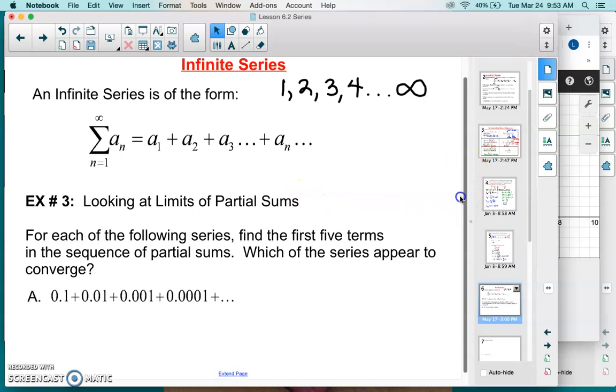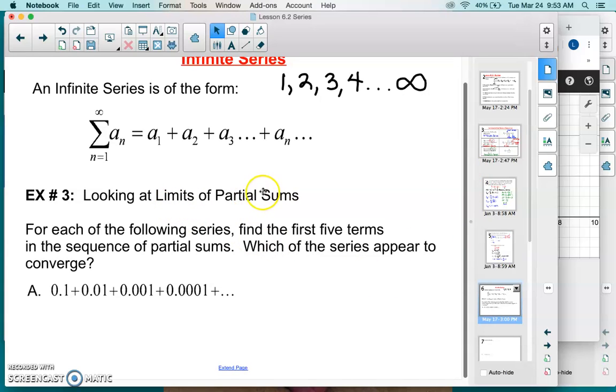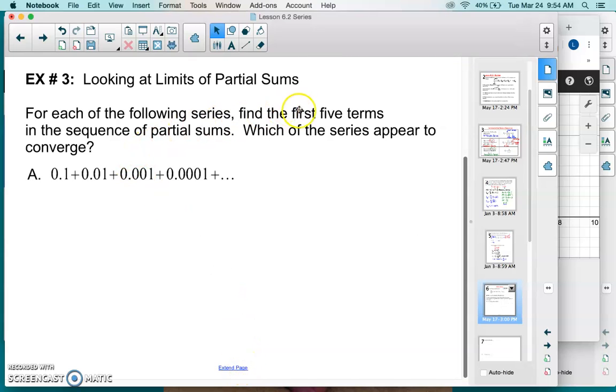Okay. So it says, looking at limits of partial sums, for each of the following series, find the first 5 terms in the sequence of partial sums, and which of the series appear to converge. Okay, so the first 5 terms in the sequence of partial sums.